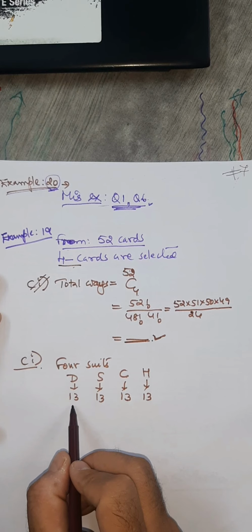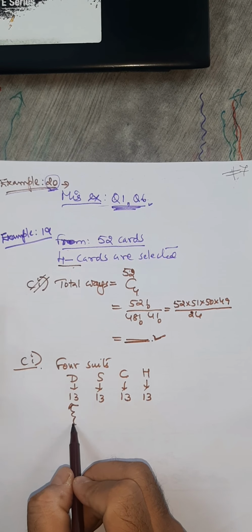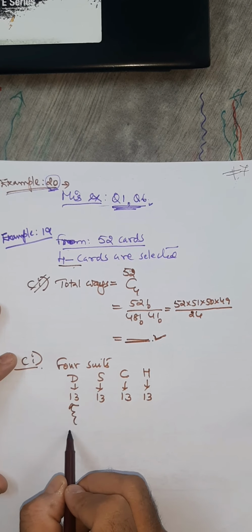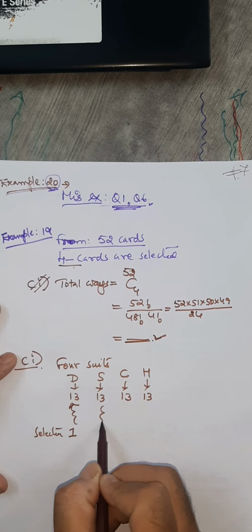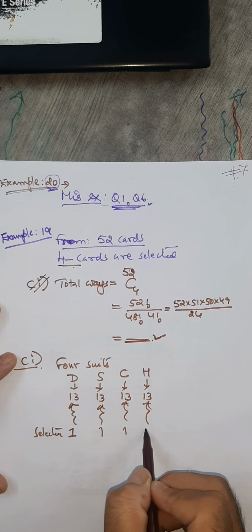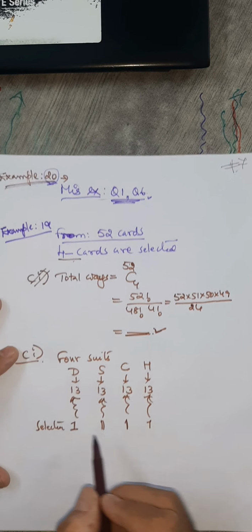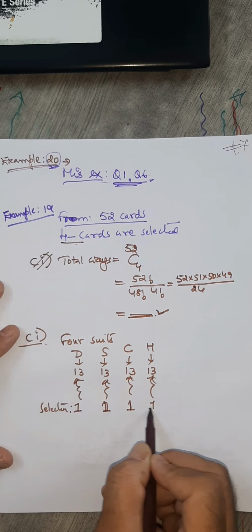Okay. Now one should be selected from this. It's written that one from each should, remember. So one from this, selected card 1. One from this, one from this and one from this. So here you must realize what you need to do. Counting principle.